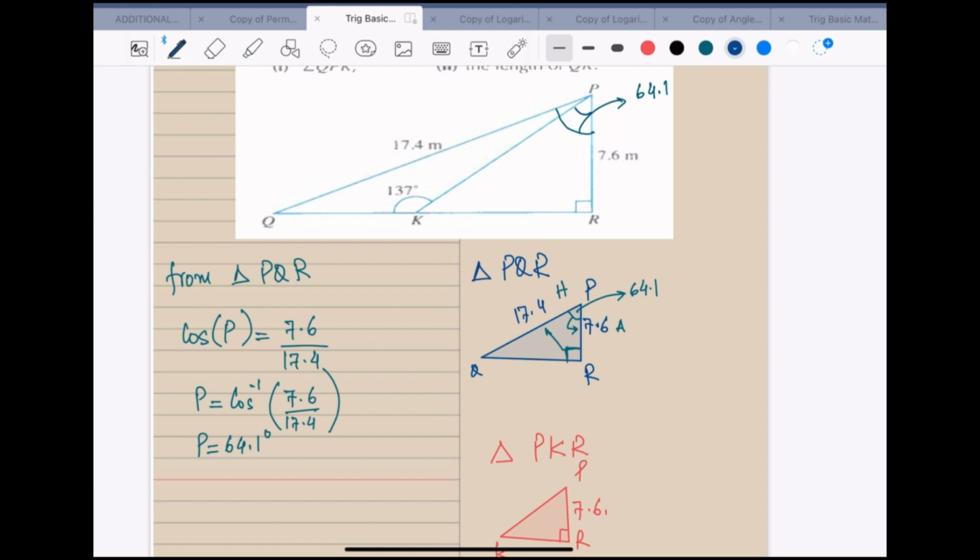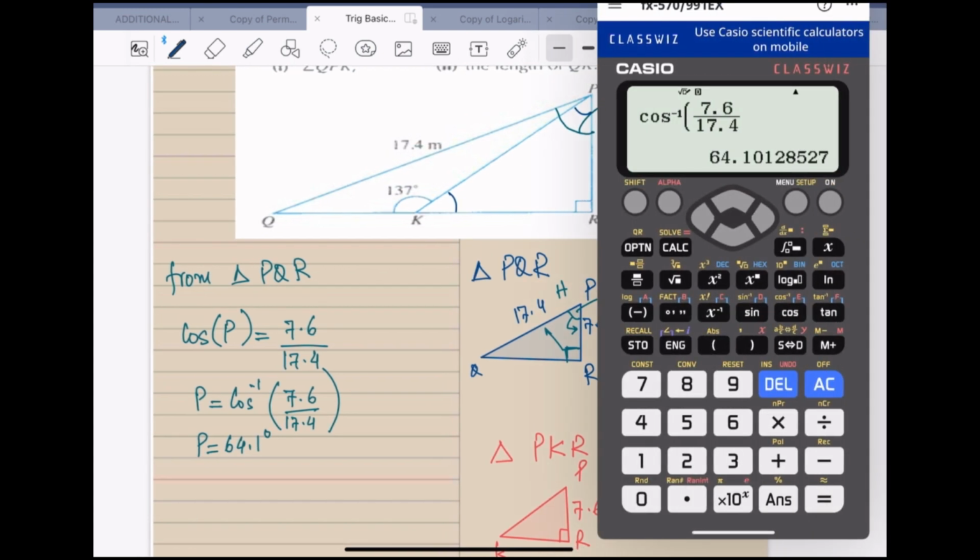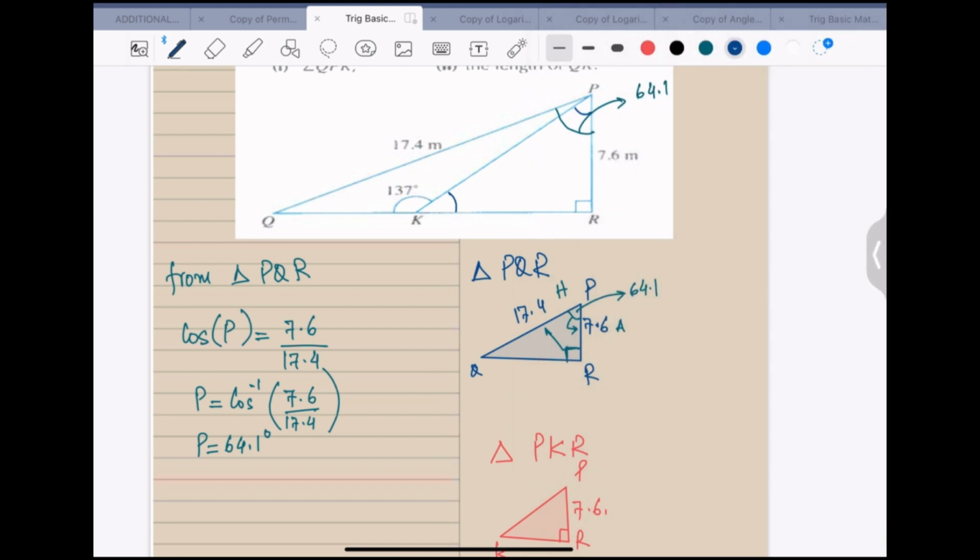Now, as I can see, this angle here is supplement to 137, and I can use 180 minus 137 to find out this angle. So this is 43. And I have to find out this small angle.